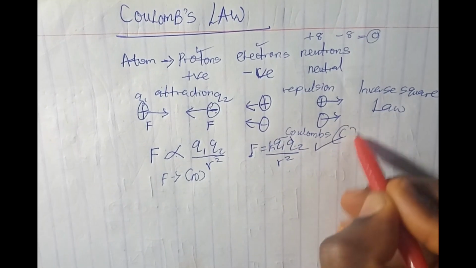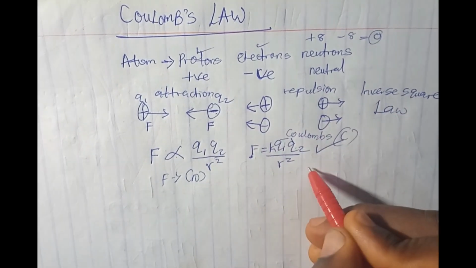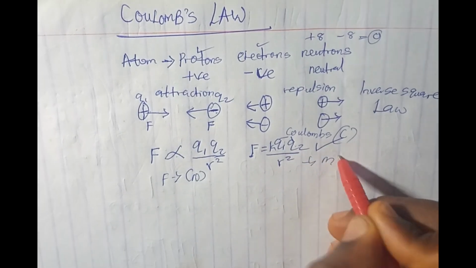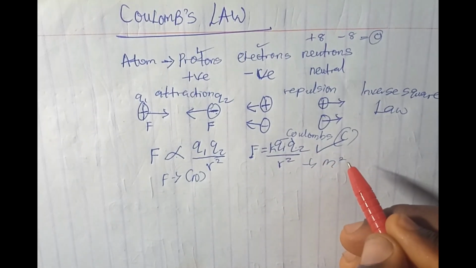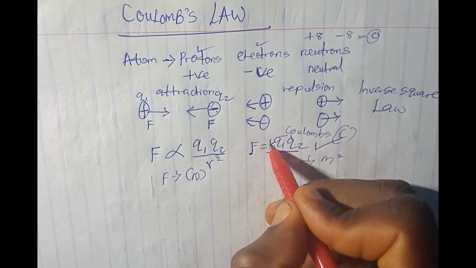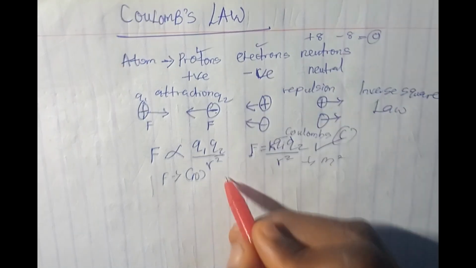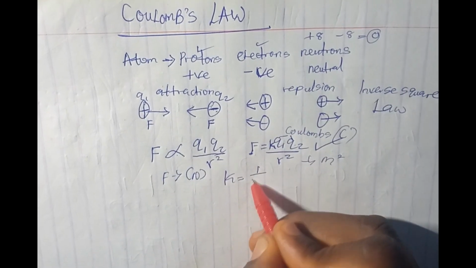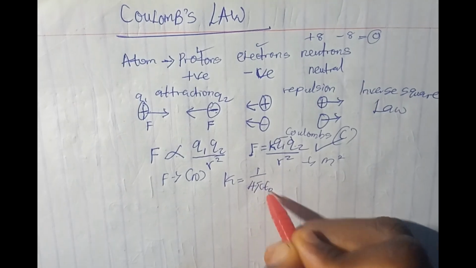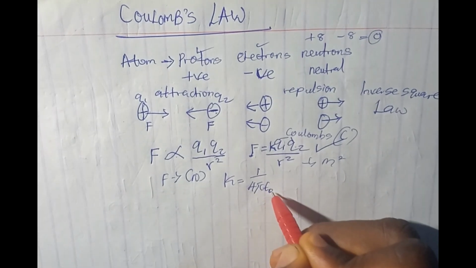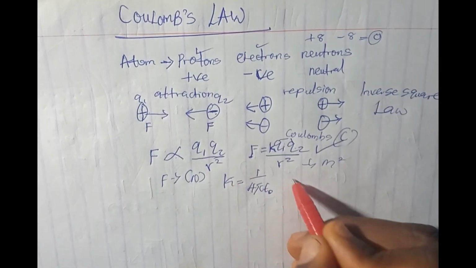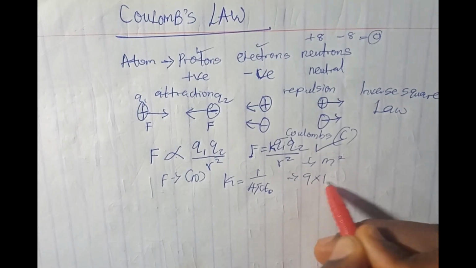normally written as C. Now, R is distance, always in meters, and it is squared. Is that clear? Now, this K is actually a constant. This K is also given by 1 over 4 pi epsilon naught. Epsilon naught is the permittivity of free space. The value of K is 9 times 10 raised to power 9.